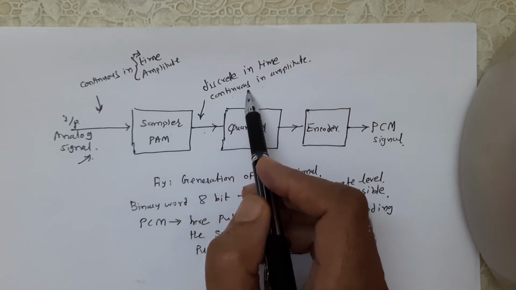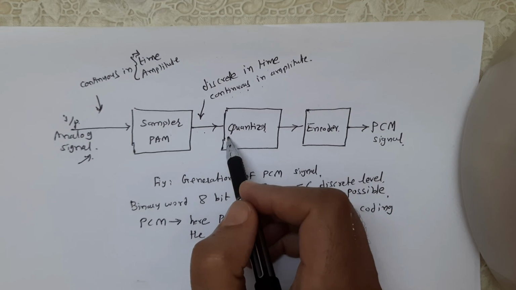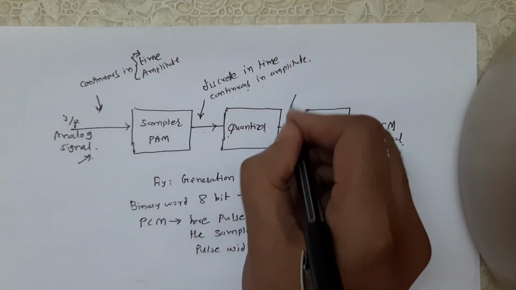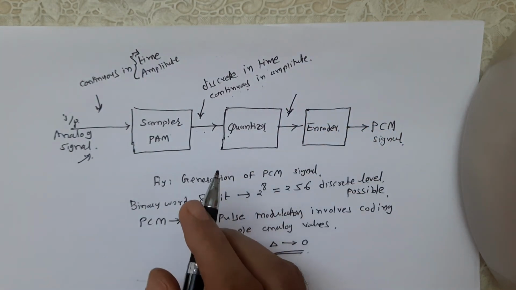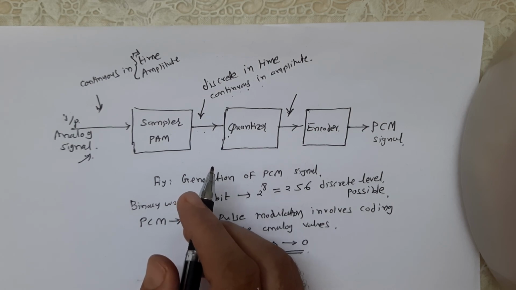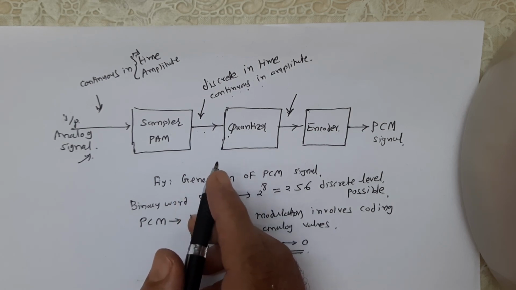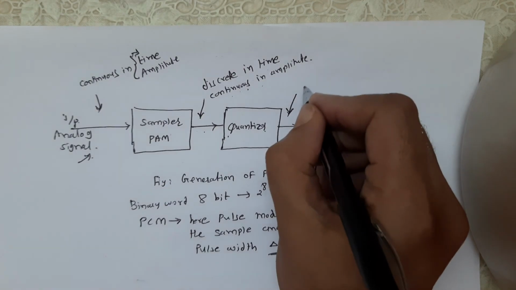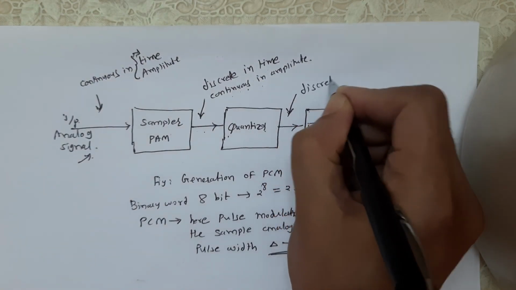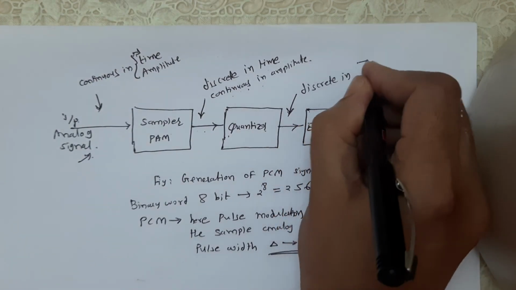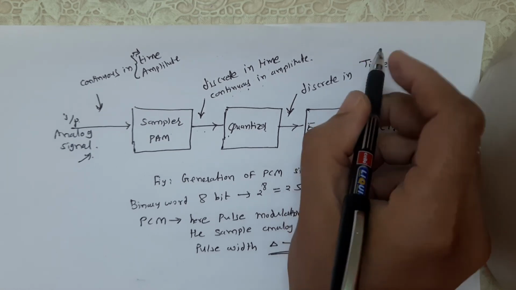Now, the output of the sampler is the input of the quantizer. What is the output? The output of the quantizer will have a signal which is discrete both in time and amplitude.